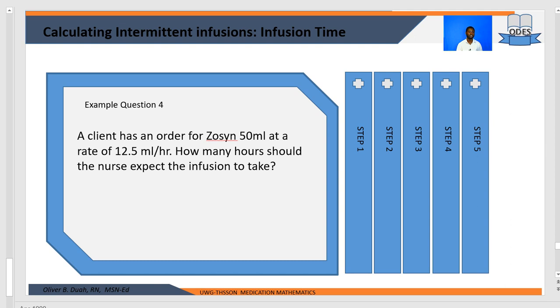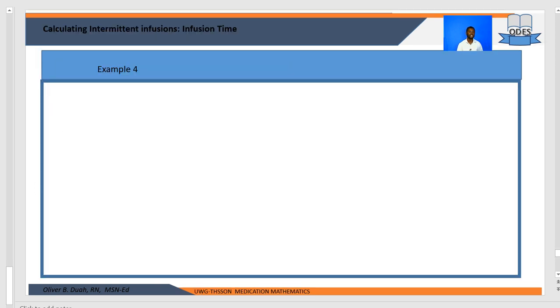Okay, so let's write down. We have 50 ml and 12.5 as our rate. So our volume is equal to 50 ml. Our rate is 12.5 ml per hour.